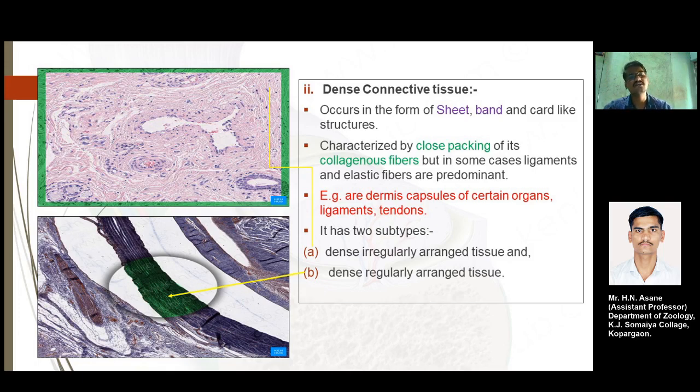That means that they are scattered all over the tissue itself, and characterized by close packing. It is not so compact, but the close packing of its collagenous fibers is seen.